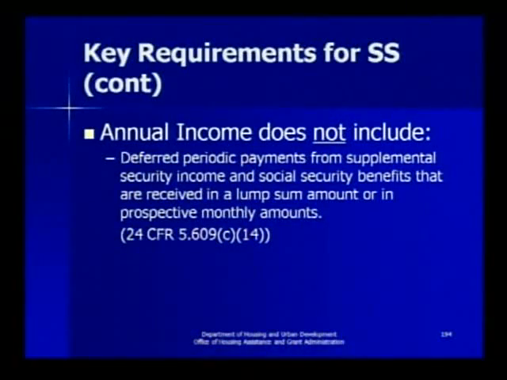Annual income does not include deferred periodic payments from supplemental security income and Social Security benefits that are received in a lump sum amount or in prospective monthly amounts. So basically, like I showed you before, maybe there was a deferred start of the Social Security benefits and the person received a lump sum. That lump sum would not be included in income.